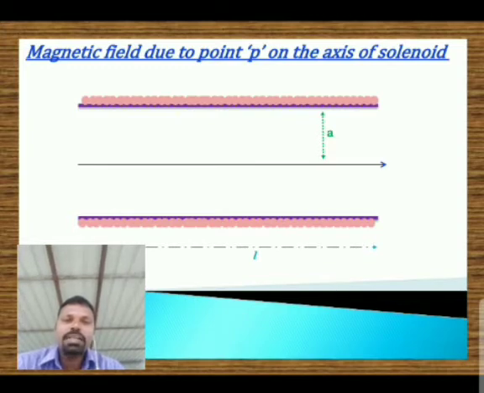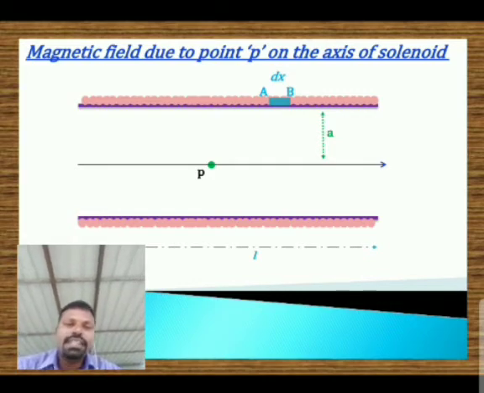Now I am taking a point P on the axis of the solenoid. To determine the magnetic field at this point, I am dividing the total solenoid into small segments. One of the segments I have taken, its length is dx. AB is a small line segment of length dl.